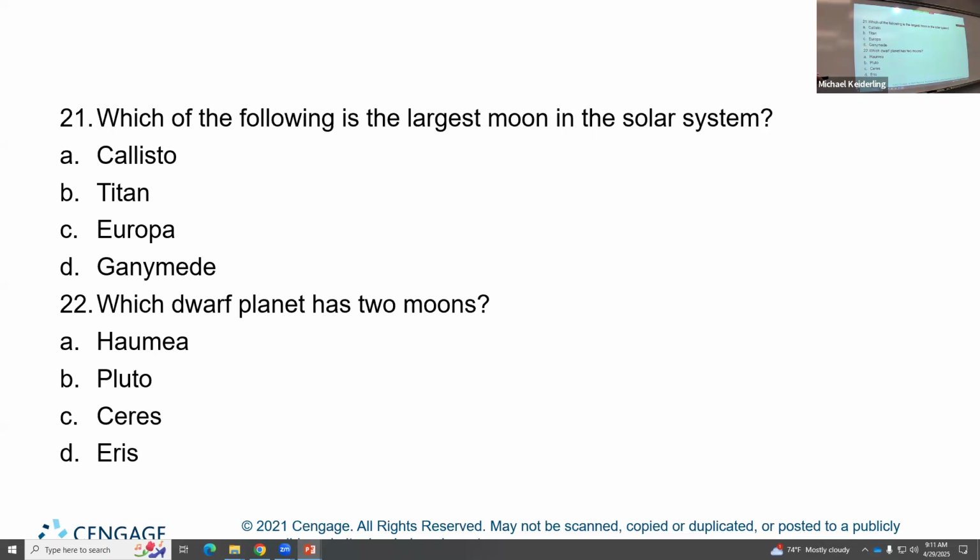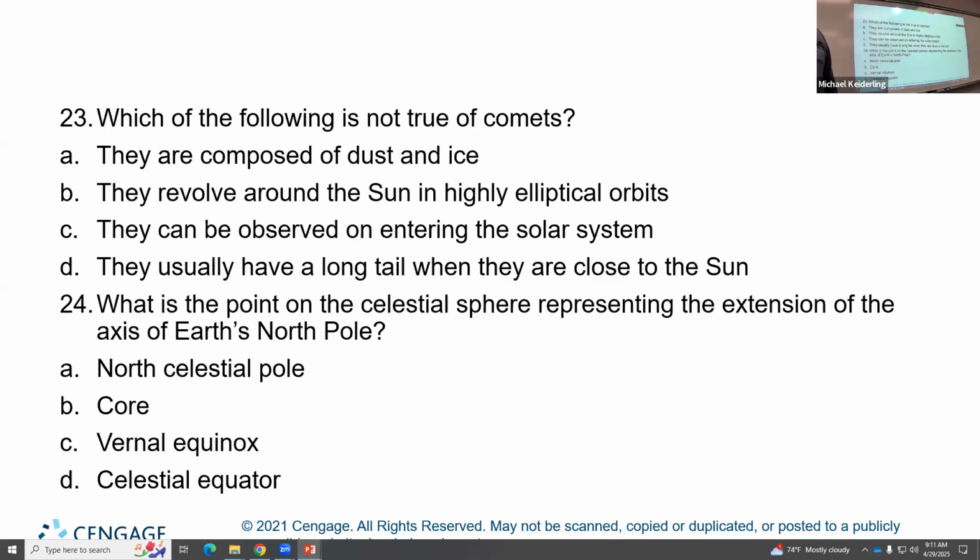That is Haumea. Pluto has 5, Ceres has none, Eris has 1. Which of the following is not true of comets? They can be observed on entering the solar system. They're in the solar system the entire time.